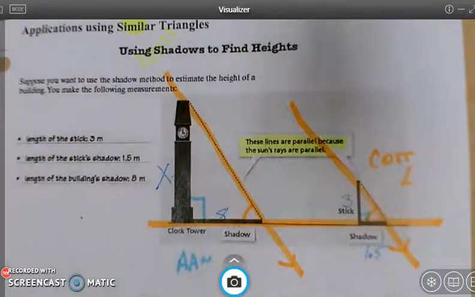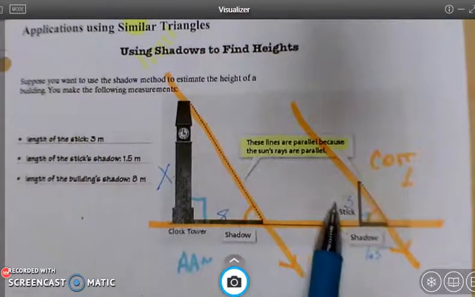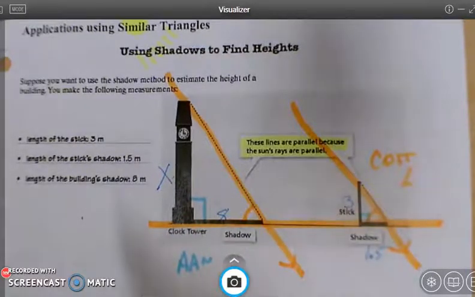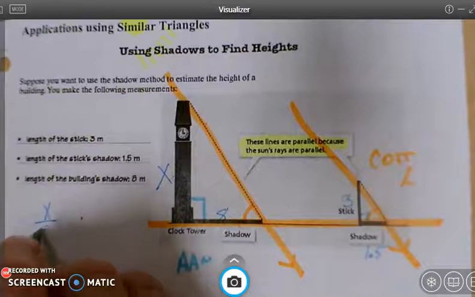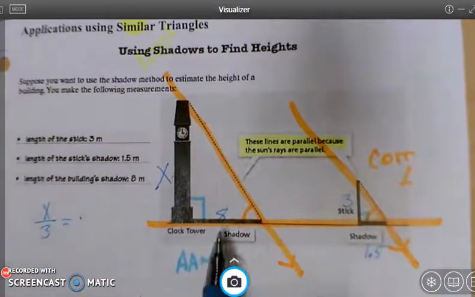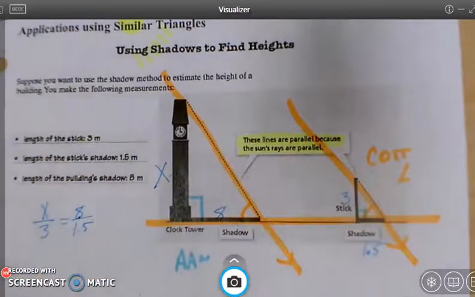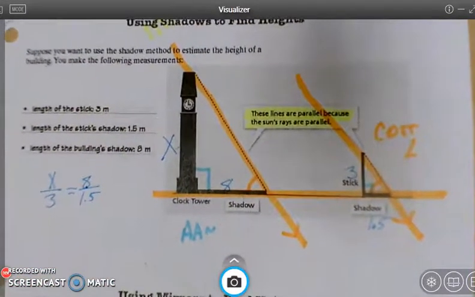So at that point, I'm going to match corresponding parts. So the x, the height of the tower, is going to correspond to the height of the stick. So that's going to be x over 3. And that has to be proportional to the same relationship with the shadow. So the shadow of the tower and the shadow of the stick. So 8 over 1.5.